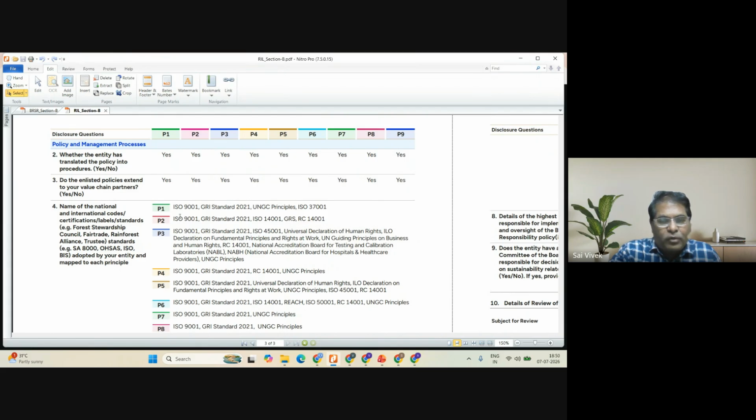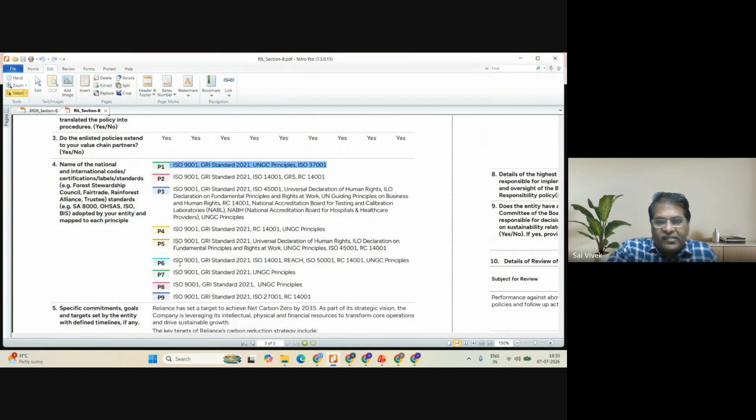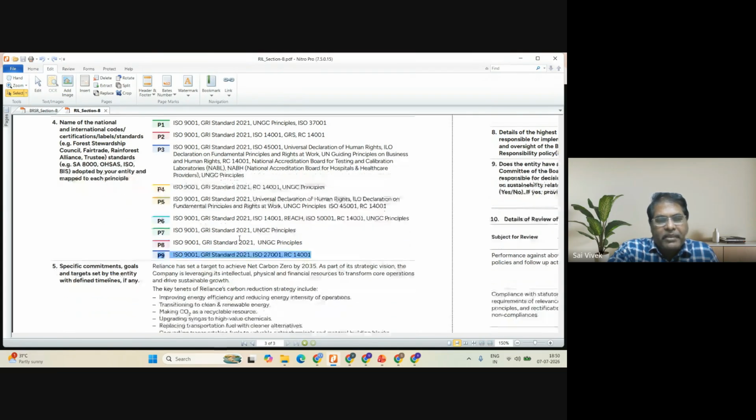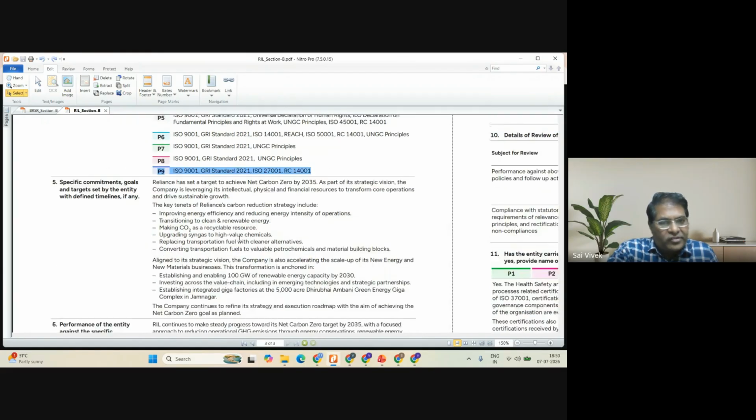See, for principle 1, it is ISO 9001, GRI standard 2021, UNGC principles, ISO 37001. These are related to P1. So what is P1? It is ethical governance. So ethical governance principles are all as per these standards. Similarly, P6, environment standards. So it's true for all the 9 principles, we have got standards. This is about the fourth question.